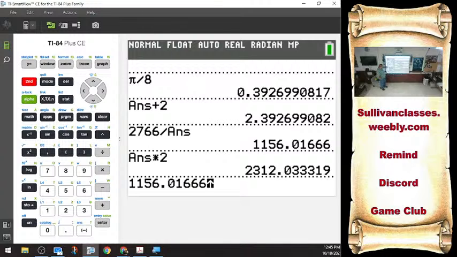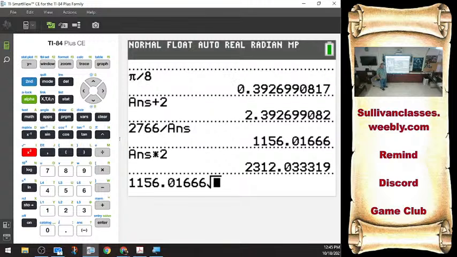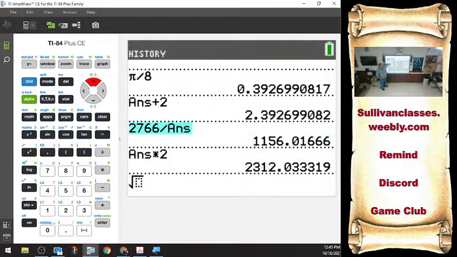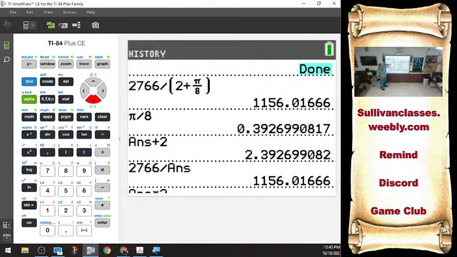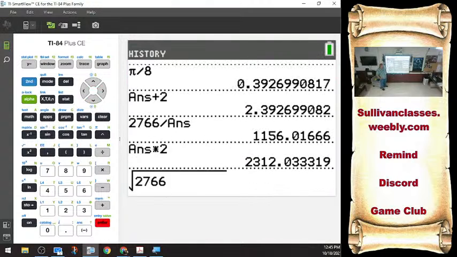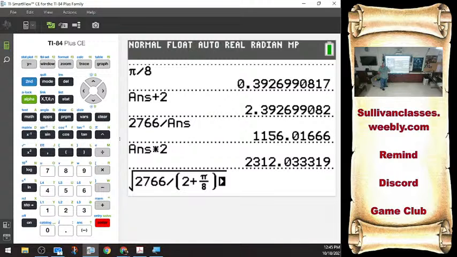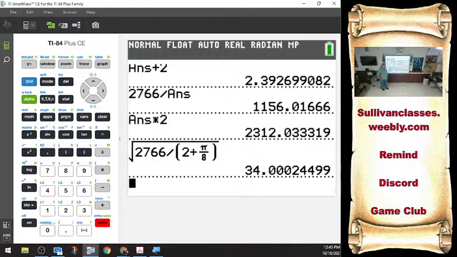Square root of x and square root of that. When I do square root, I can highlight this, or I can go all the way back to the entire thing. It's going to be the square root of that whole honking thing, right? So you can square root your answer, or you can square root the entire calculation. Good call.